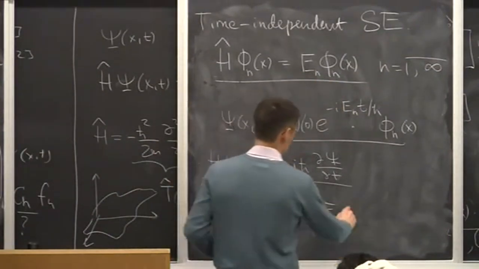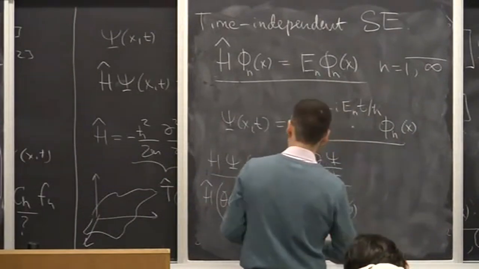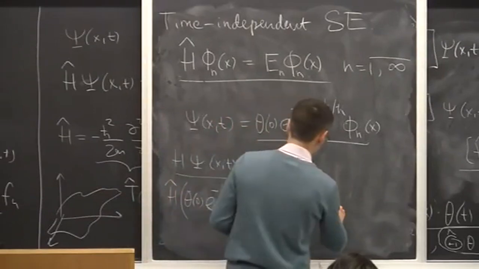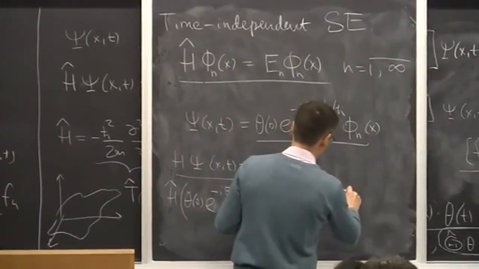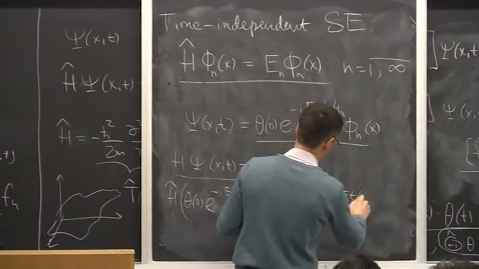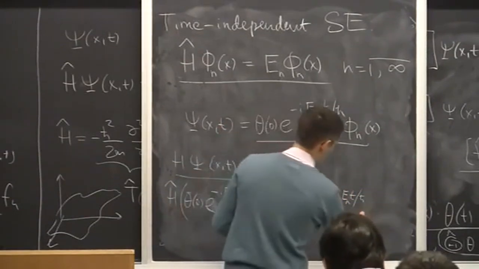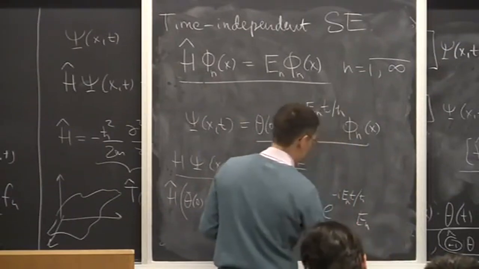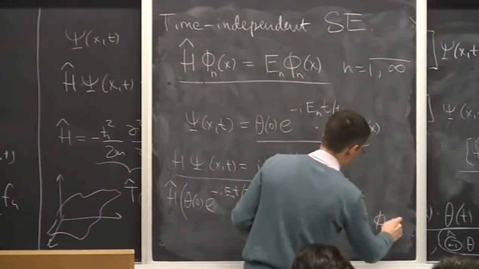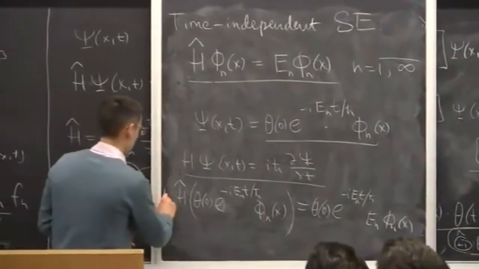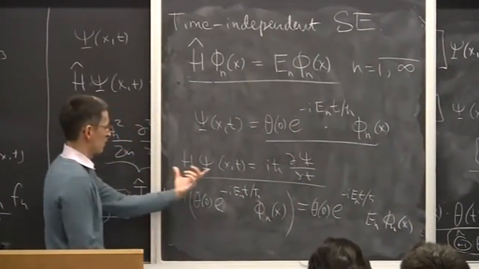So then we can easily write down what the left-hand side is, because two terms out of three are not touched, and then there is E_n phi_n of x, right? And so this is the left-hand side, this part.